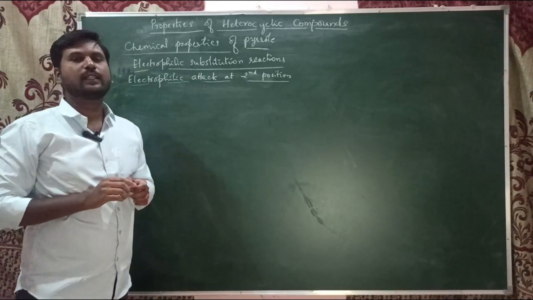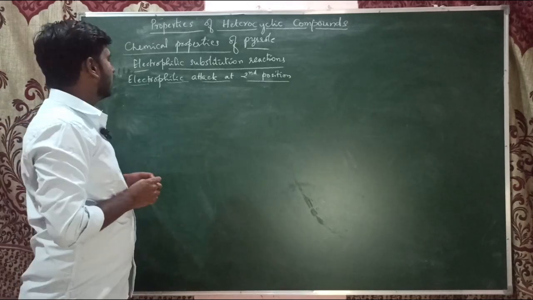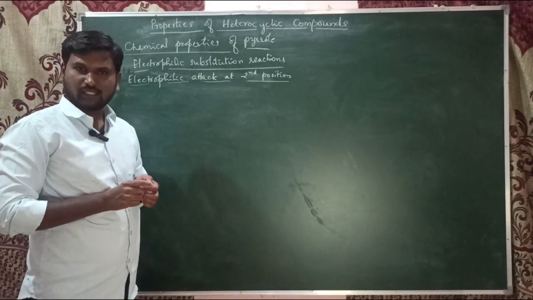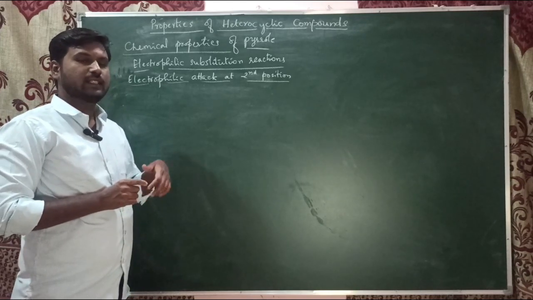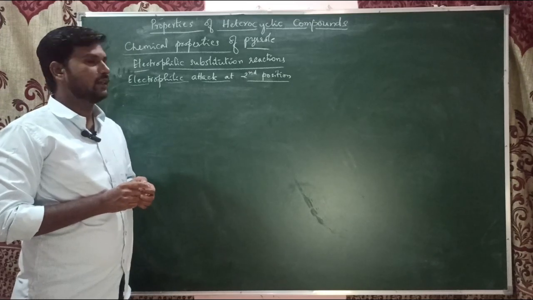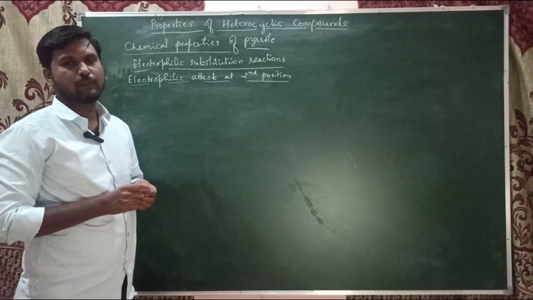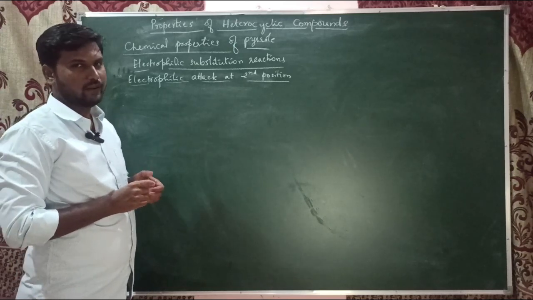You know, usually in an electrophilic substitution reaction there are 3 steps. The first step is the formation of the electrophile. The second step is that the electrophile attacks the aromatic compound and forms a carbocation intermediate, and finally the deprotonation, or the removal of that H plus, takes place. So the mechanism usually has 3 steps.